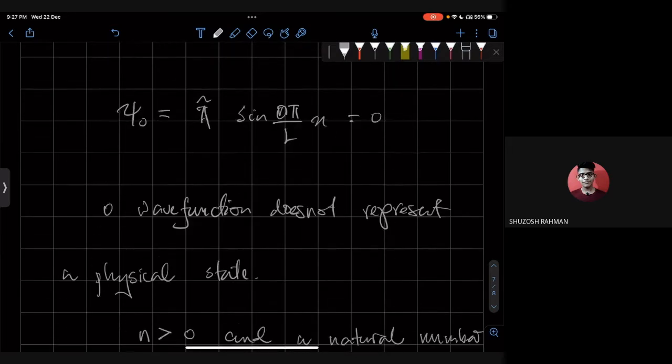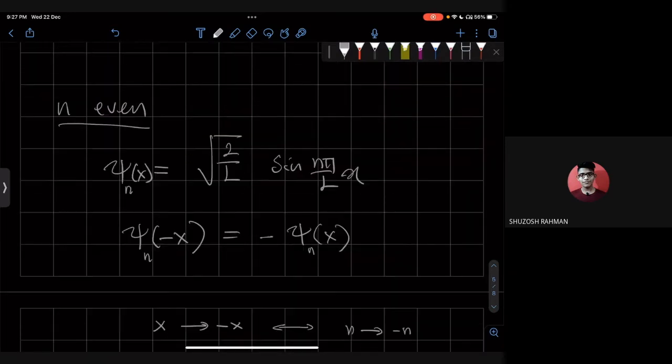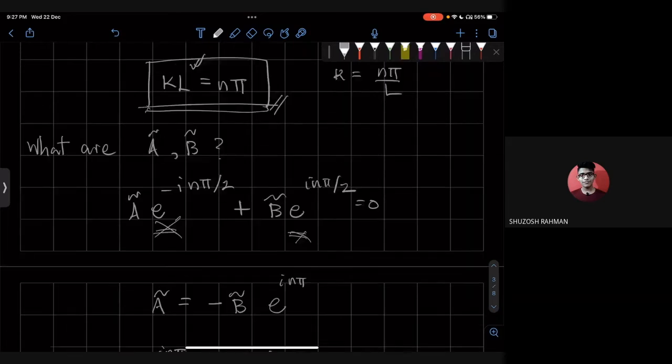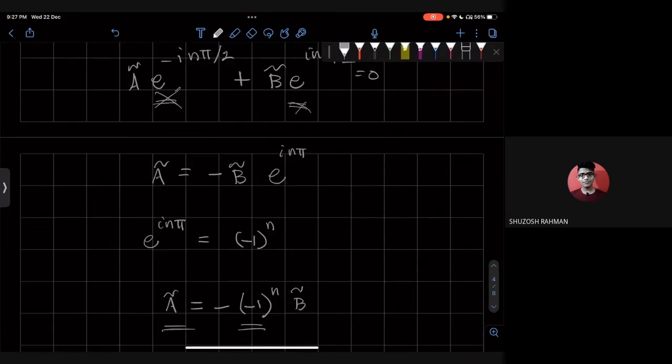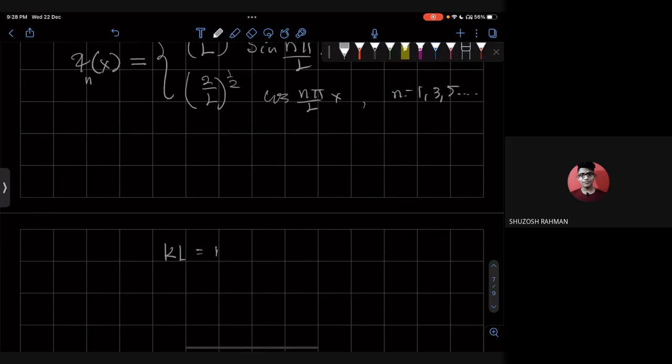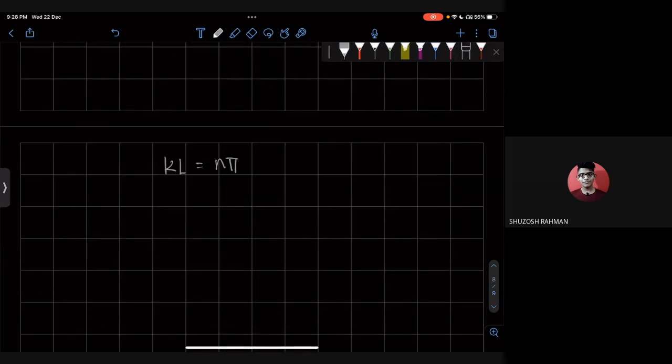So what are the energies? If you want the energy, we have to look at the value of k. k can only take these values: kL is equal to n pi. So k is the square root of 2mE over h bar, times L is n pi.